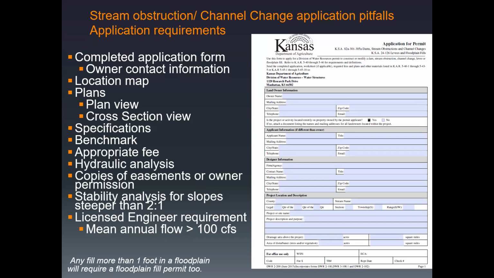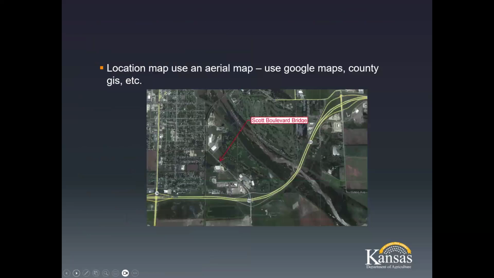And most importantly, you need a licensed engineer if the mean annual flow is greater than 100 CFS. So those are our larger streams. They usually have the name river next to them. That usually indicates that it has 100 CFS or more mean annual flow. If any fill is more than 1 foot in the floodplain, this will also require a floodplain fill permit. We'll get to that in a minute.